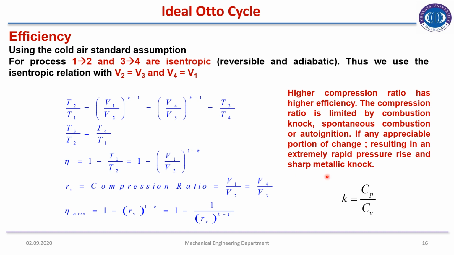A knocking or sharp metallic noise will come out of the engine, because the compression ratio is limited by combustion knock. If we increase it, the efficiency will not increase, whereas the integrity of the engine will be compromised.